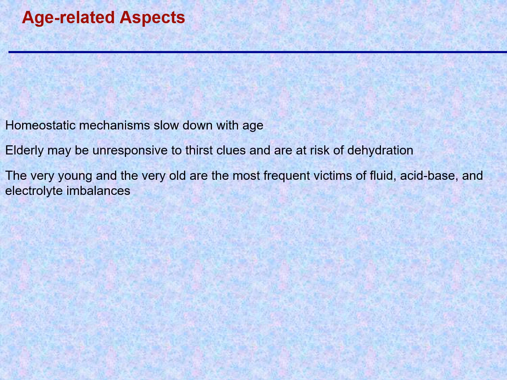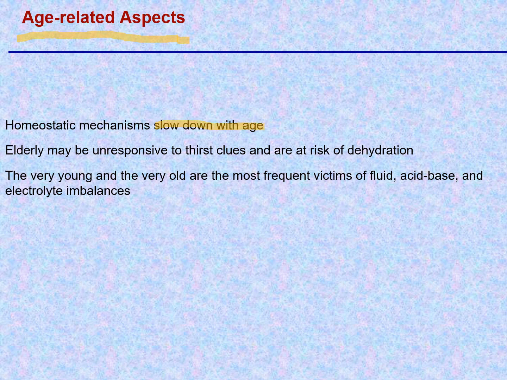Okay, these are the final few slides, and this covers a lot of territory very, very briefly, too briefly: age-related aspects of acid-base imbalance. The homeostatic mechanisms that control balance all typically slow down or become less effective with age.